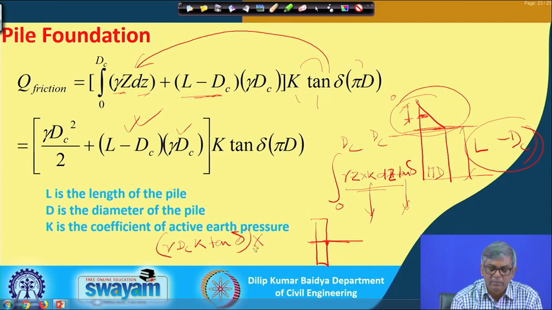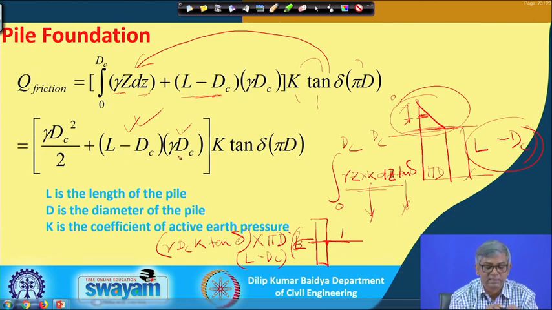Because of that, you can multiply by the length, pi d into L, which here is L minus dc. So, that is what is done here: L minus dc, gamma times dc, and tan delta pi d is outside, k tan delta pi d is outside.